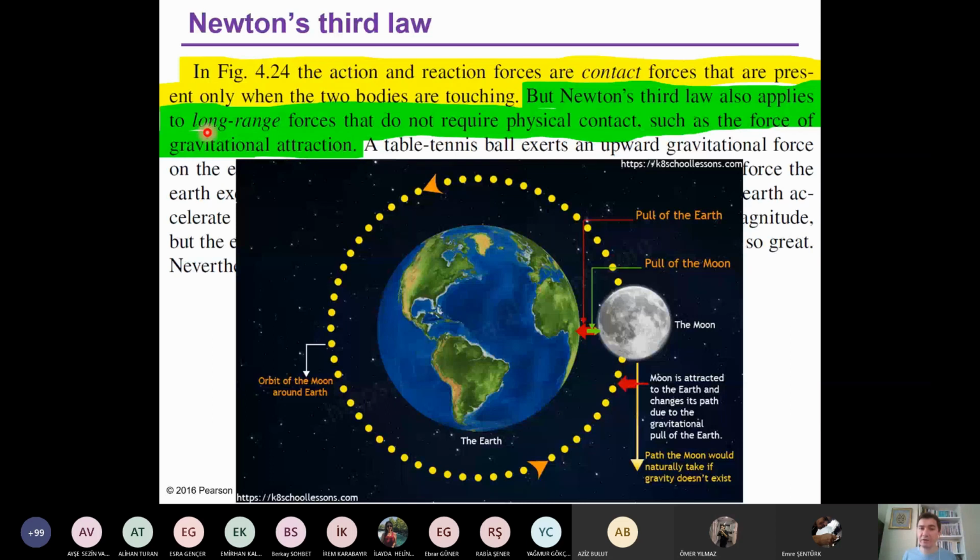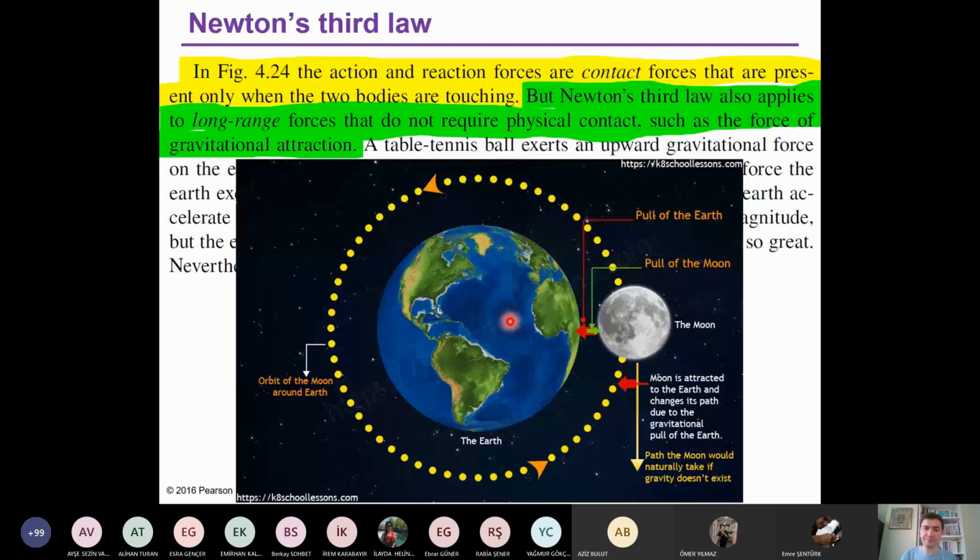We can also consider that Newton's third law is valid here. Look at the example of Earth and Moon. Here with the red color, we show the pull of the Earth due to the gravity of the Earth, and here we have a green arrow due to the gravity of the Moon. There is no contact between Moon and Earth, but they have mutual forces acting on each other.